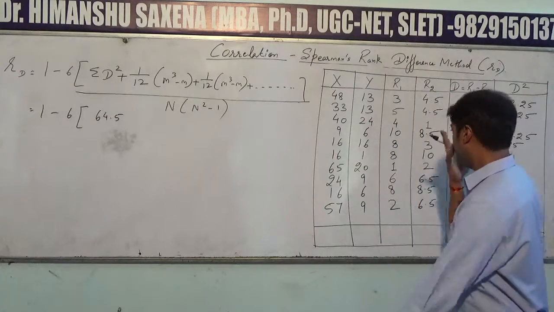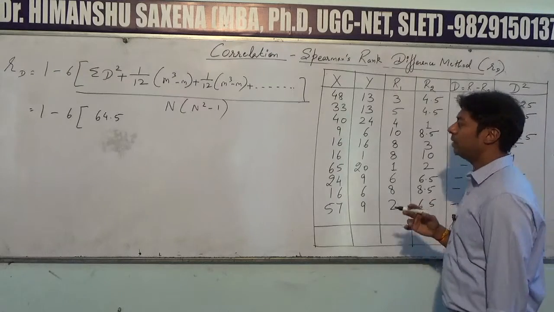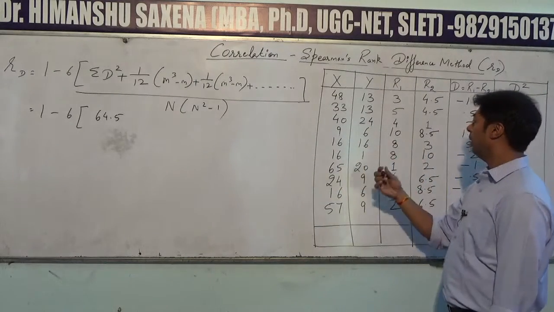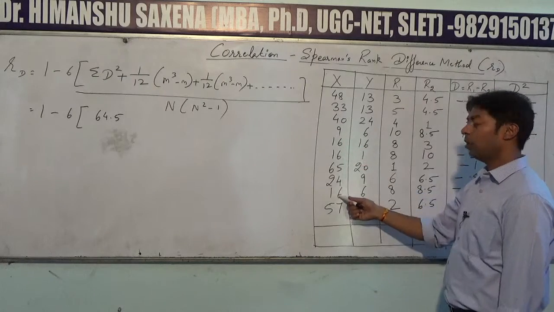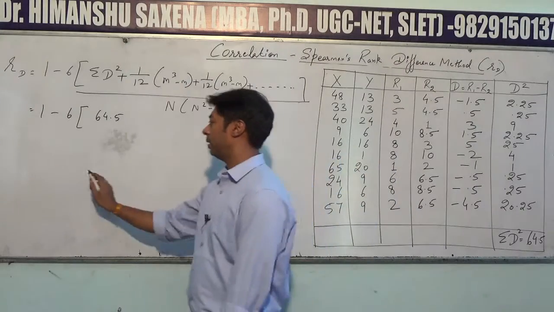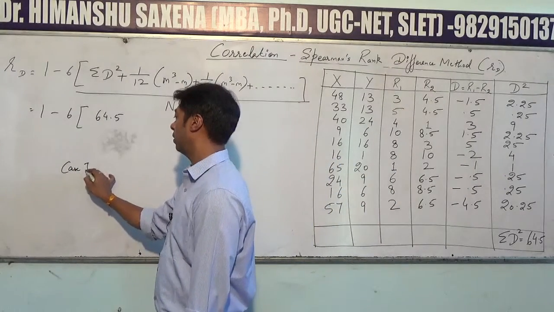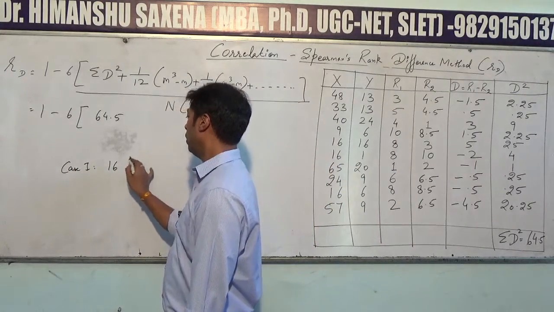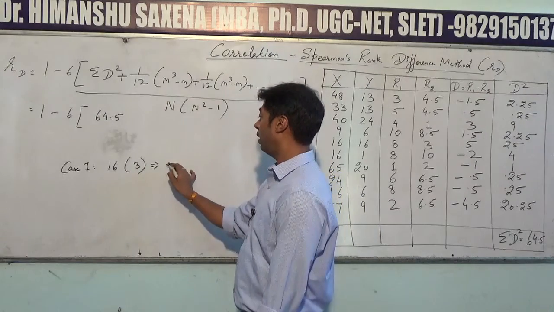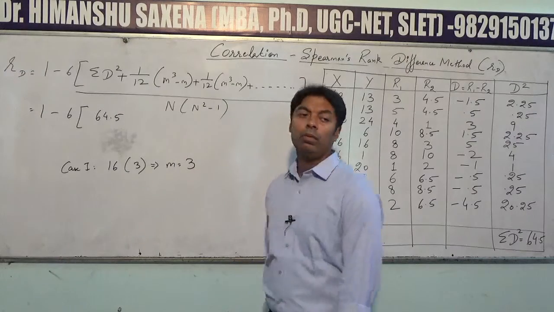Summation d square was 64.5. Now first of all, looking at this series, there was a number 16 which was occurring thrice. So if we prepare cases, case first, number 16 was repeated 3 times. So the value of m will be equal to 3.